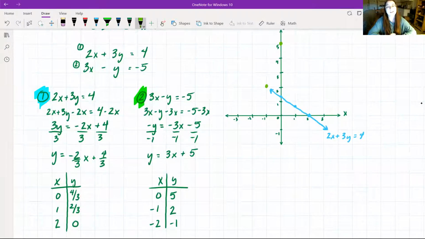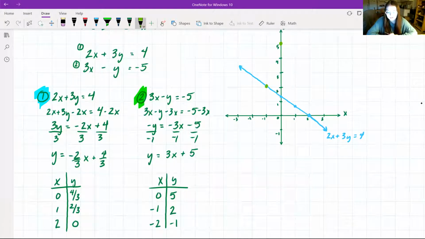I just realized I did not draw out our last line nearly long enough, so I'm going to draw this much farther, which coincidentally might give you a hint as to what our answer is going to be. So continuing on, plotting our second equation now.